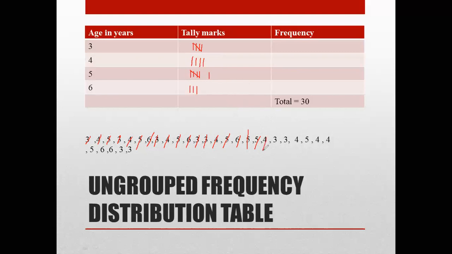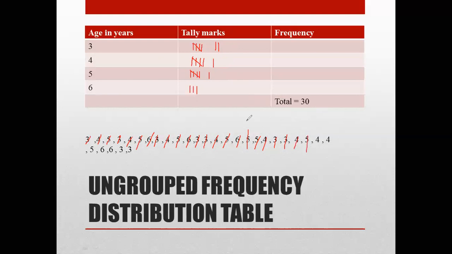Now 4, striking off 4. Now you can see 4 is also in a group of 4, so I'll strike it like that. 3, I'll strike off 3, put one tally mark here. Strike it off, put one tally mark. Strike 4, put one tally mark over here.